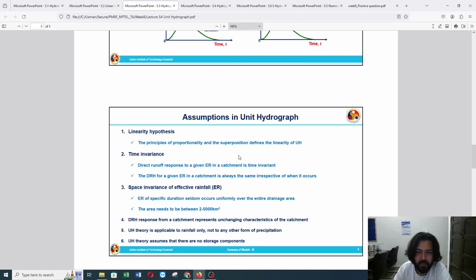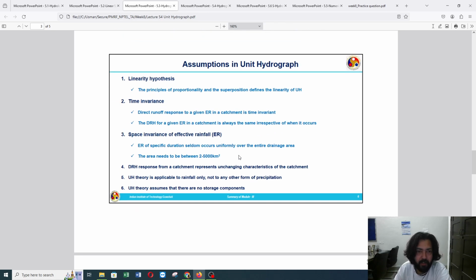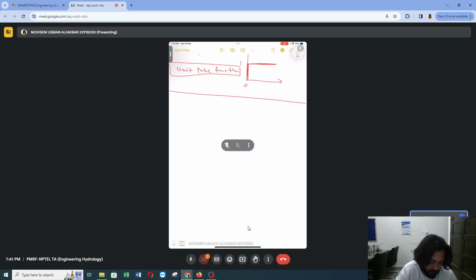Now there are some assumptions associated with the unit hydrograph. Let us see what they are.